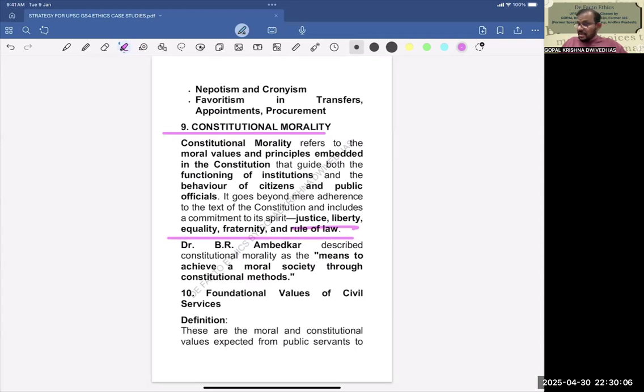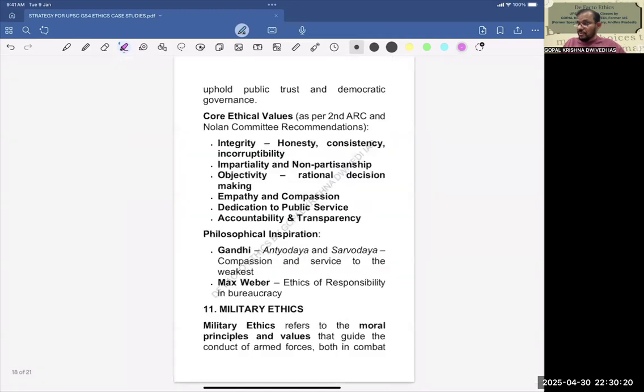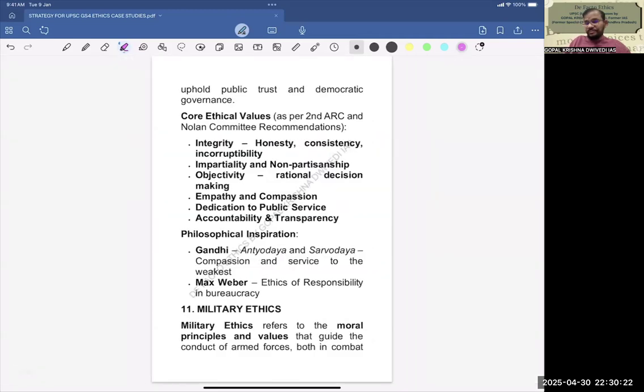Now, next is foundational values of civil services. This is also again very important because there are some committee reports also which recommend what ethical qualities a civil servant should possess. So all those things also we should remember and we should apply wherever possible. For example, second ARC, Administrative Reform Commission report.